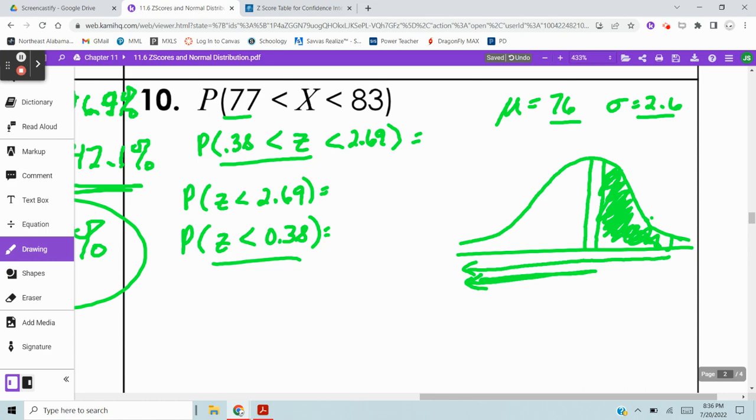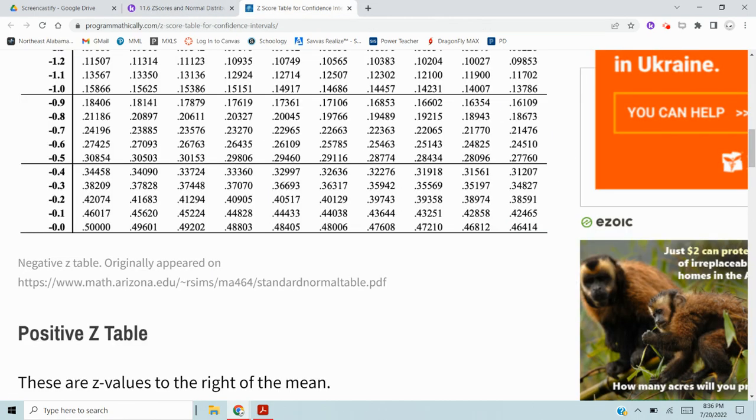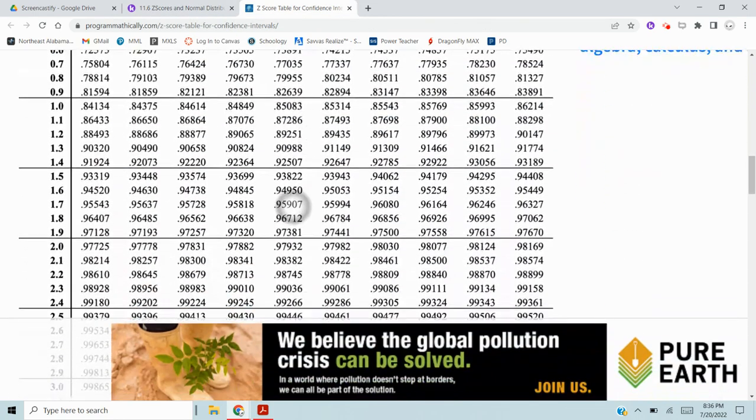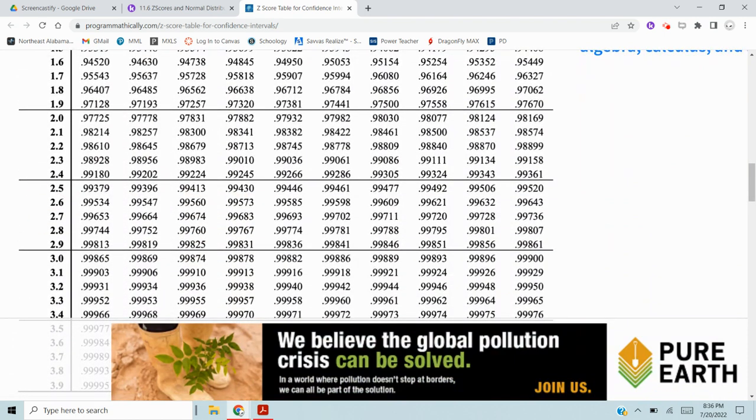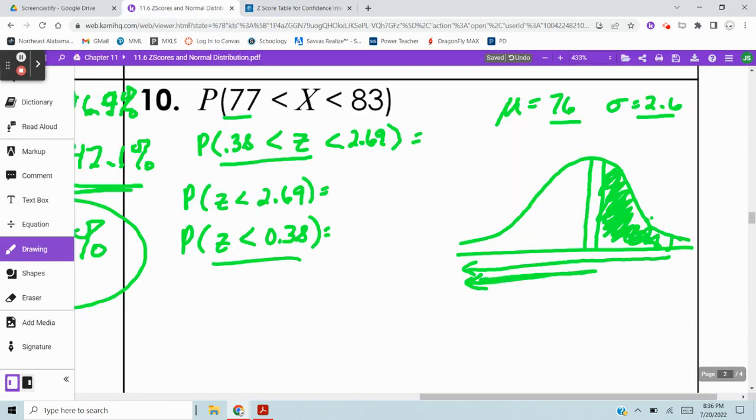So the probability that z is less than 2.69, let's go to our positive table. So 2.6 is here. So 2.6, then 0, 1, 2, 3, 4, 5, 6, 7, 8, 9. Be right here. That'd be 99.6%. So most of our area is below that, and we know that because that's nearly 3 standard deviations away.